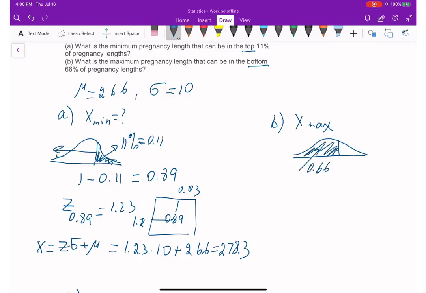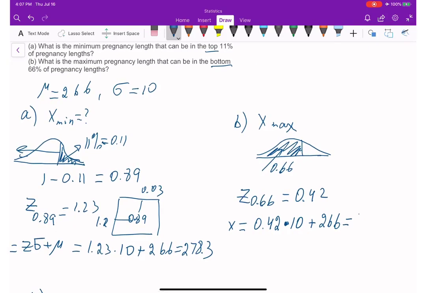Okay, so we don't need subtract because it's already left tail. So z-score for 0.66, in the table you will find z-score 0.42, and from here X is going to be equal z-score 0.42 times sigma, it's going to be 10, and plus 266, and we are getting 270.2. Okay, this is the answer.